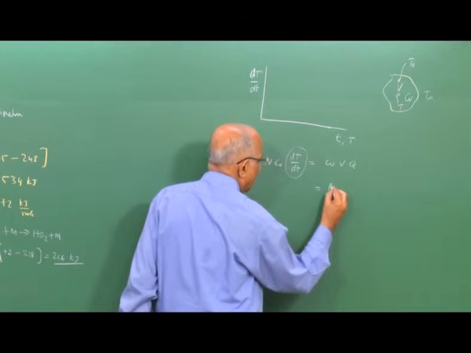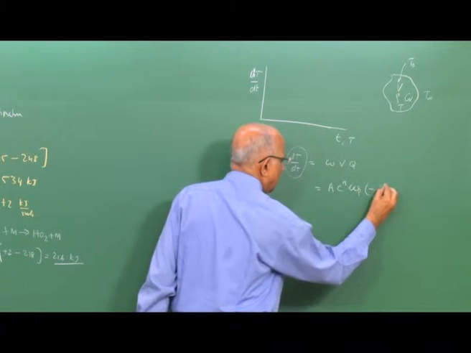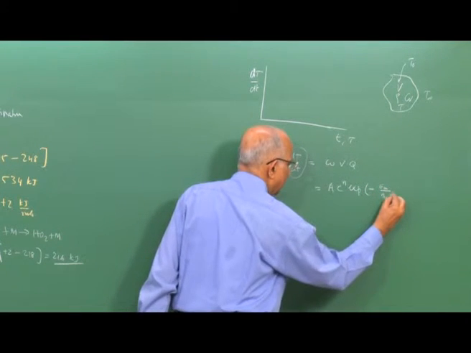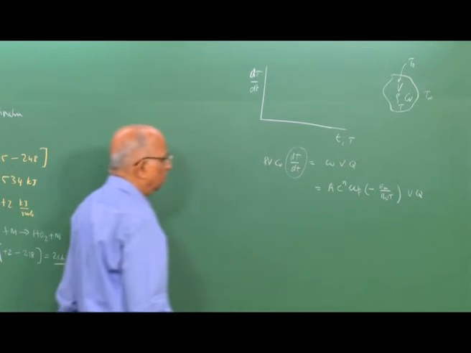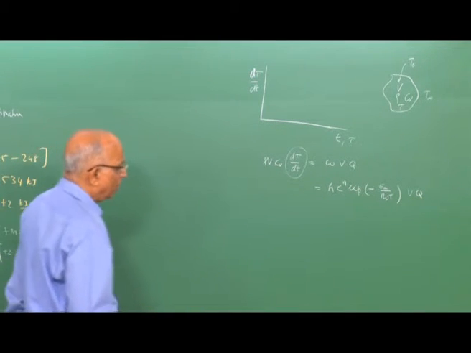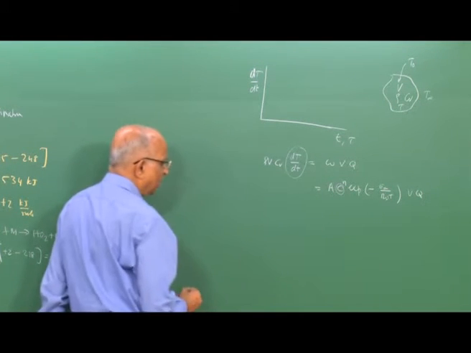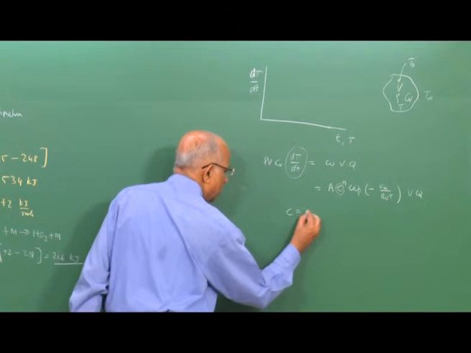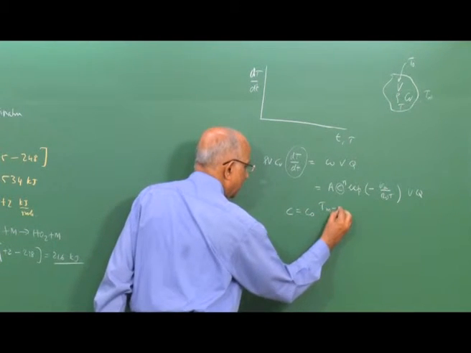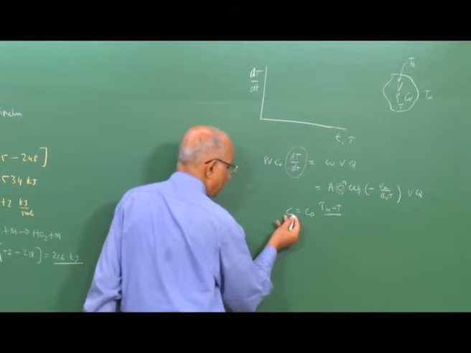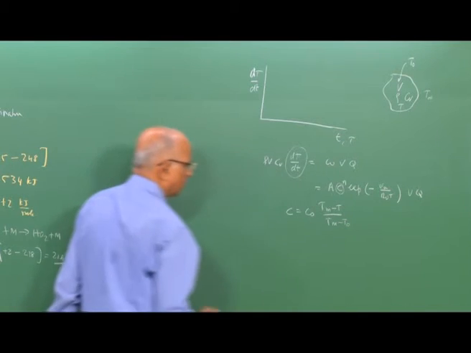I say, well, the reaction is given by A C^n exponential minus activation energy by R0 T, into V and Q over here. And you will also recall we derived an expression for C. We said, well, I can write C is equal to C0 into Tm minus T, the temperature at any point in time when the concentration is C, divided by Tm minus the initial temperature.